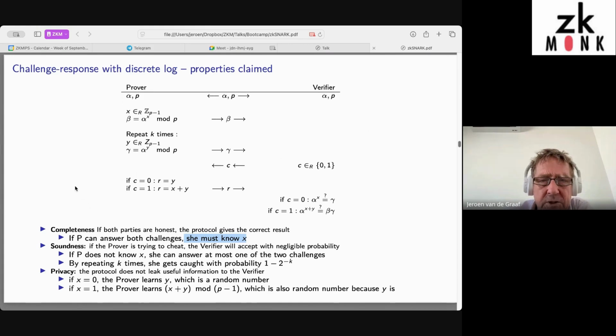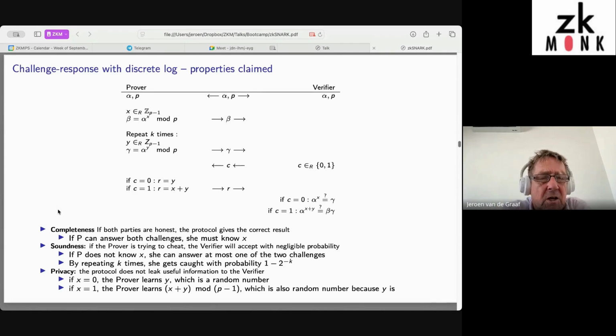Why is that? Because if the prover can compute y and can compute x plus y, then of course it can compute the difference modulo p minus 1. So it shows that it knows x. So this means that if the prover can answer both challenges, we are sure that the prover knows the value of x. Okay, so this is just saying the protocol is okay.